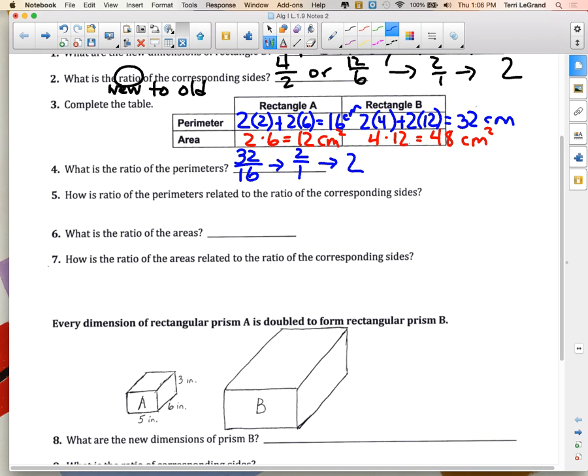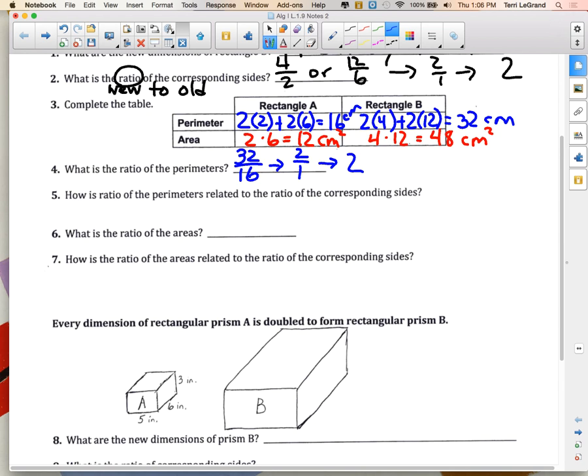In other words, if you double 2 and double 2 again, because there are 2 sides there too, and then double 6 and 6 again, you've just doubled everything. In reality, you could shortcut that and just multiply the perimeter by 2, couldn't I? Because you multiplied by 2 every time, so you could just double it.